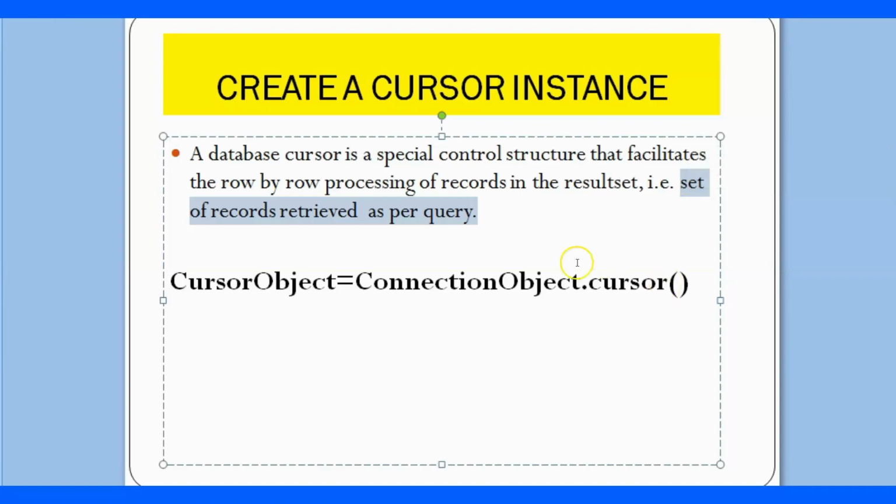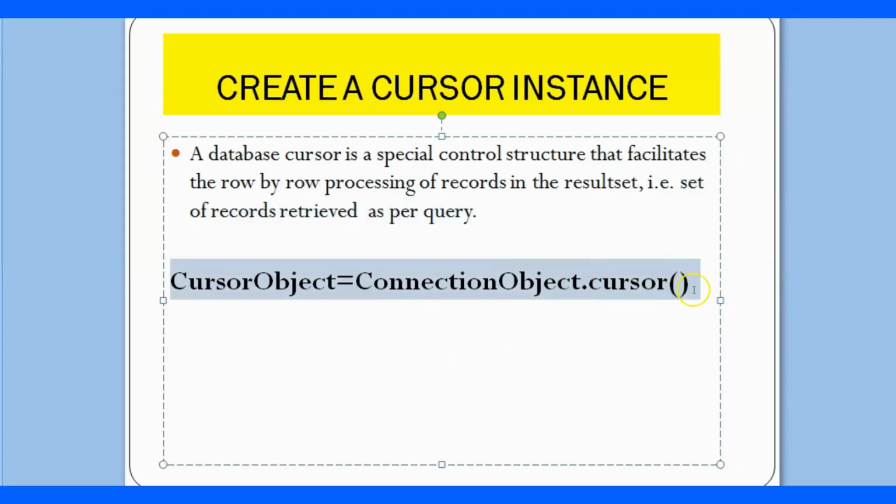But for that, how do we call the cursor function? By using the connection object. The connection object which we have declared is con. I showed you that the connection object is con. So you should call this cursor function by using the connection object.